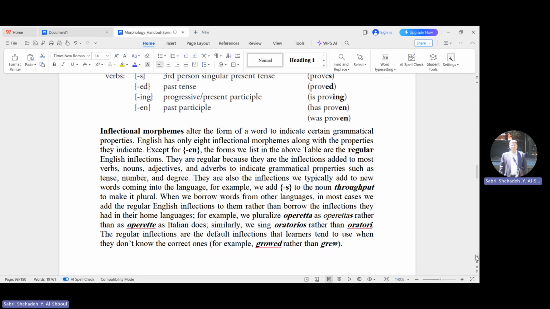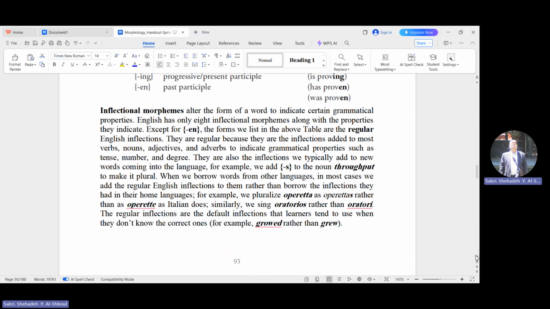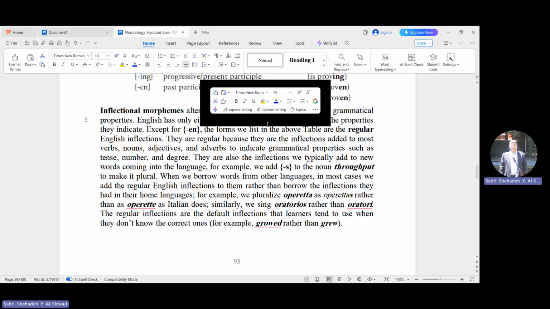So here we notice that inflectional morphemes alter the form of the word to indicate certain grammatical properties, and English has only eight inflectional morphemes.